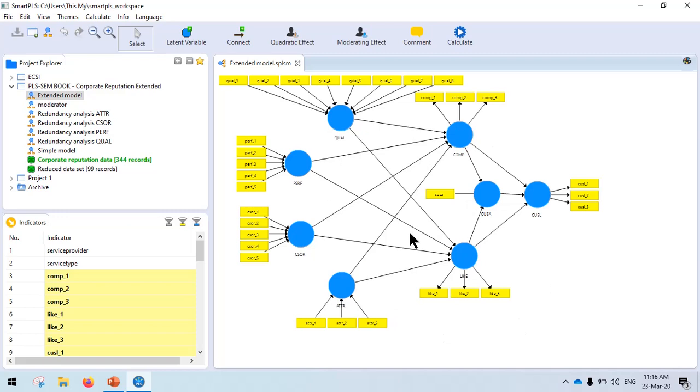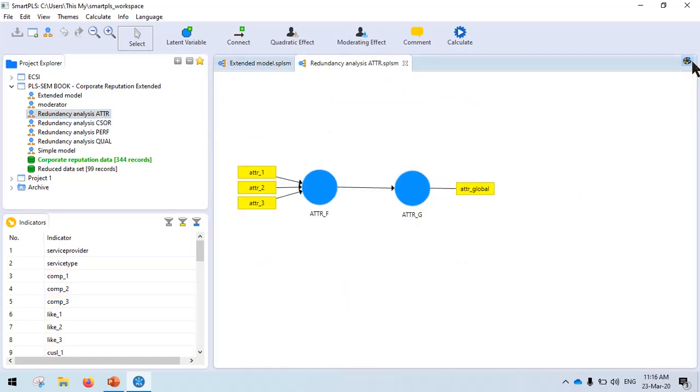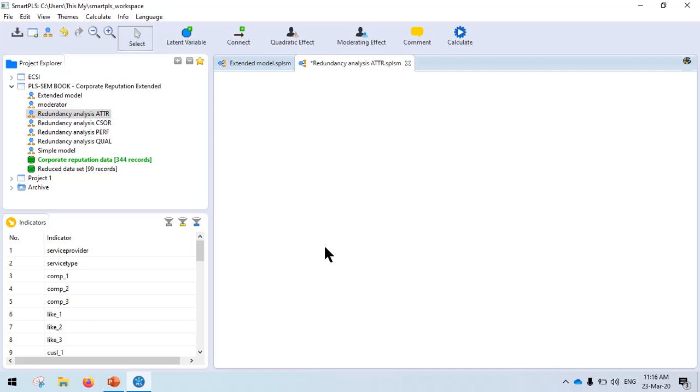So now the first step is to test the convergent validity for formative constructs, and I will start here with redundancy analysis for attractiveness. It is already built in, but if you want to design it in your model yourself, I will try to delete this and do it myself.